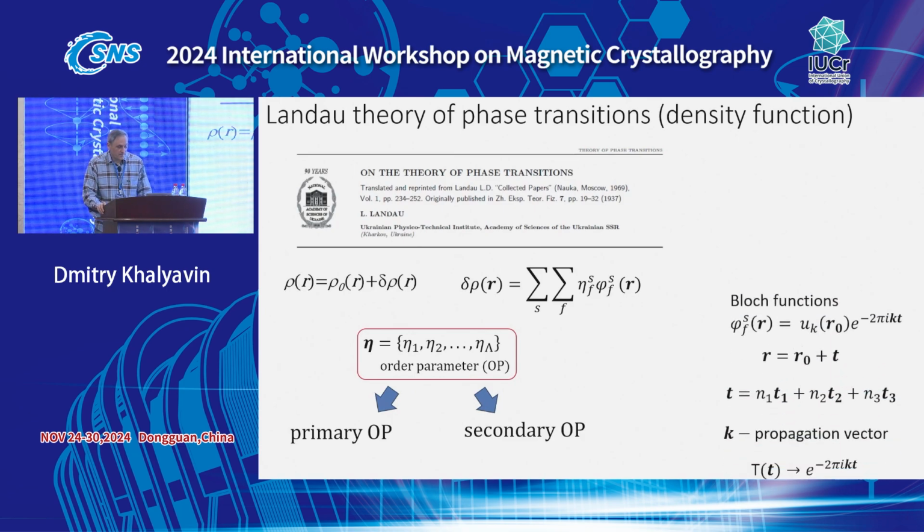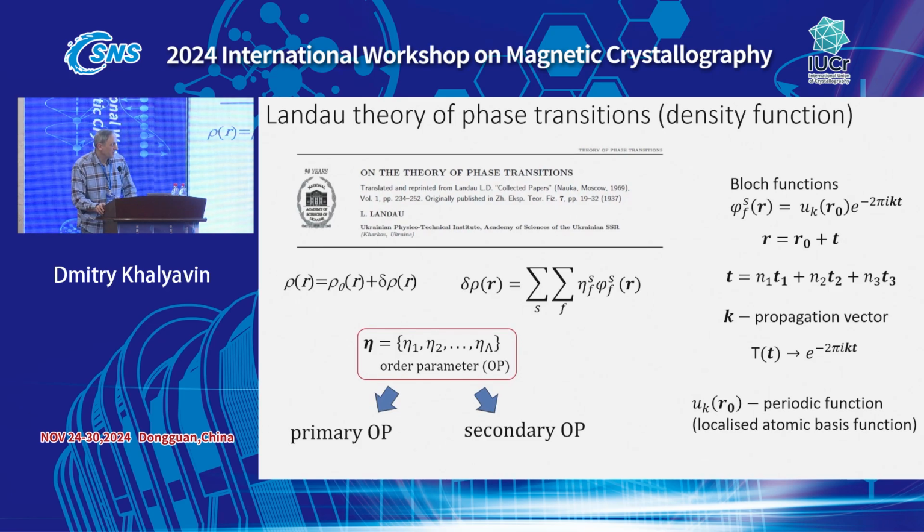And as has been explained very nicely by Juan Rodriguez-Carvajal in his lecture, the basis functions of irreducible representations are Bloch functions, which are a product of some periodic function u and a phase factor. That's what you calculate when you're dealing with magnetic ordering and trying to apply representation analysis.